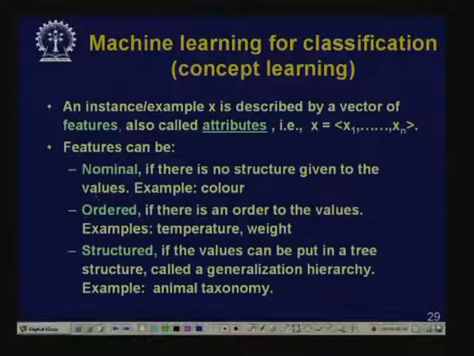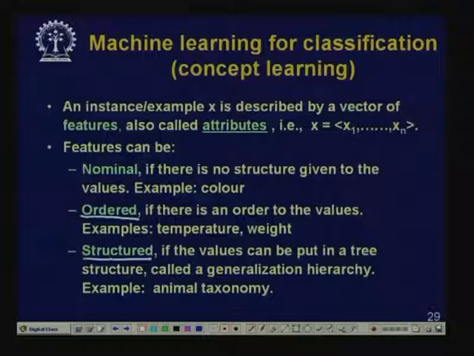Numeric attributes are usually ordered. Ordered means there is an ordering to the values. For example, length of the animal is an ordered attribute. It is 5 feet, 6 feet, 4 feet, 8 feet. So, they have some relationship with each other. Temperature, weight, length, these are examples of ordered attributes.